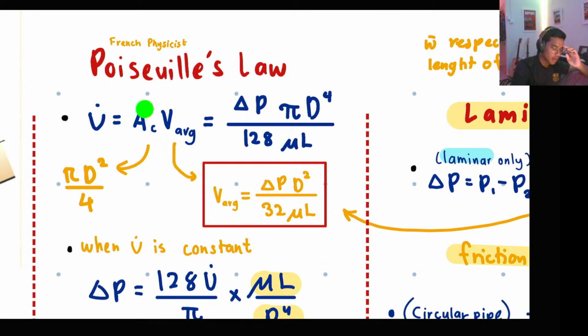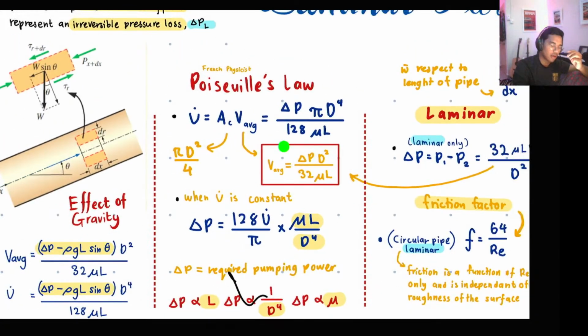What he comes up with is the cross-sectional area times the velocity average is equal to this: pressure drop by the viscosity times L. So this is how you derive it.